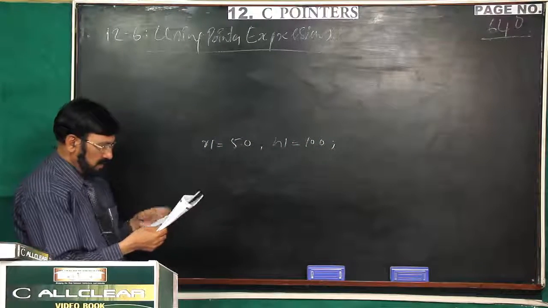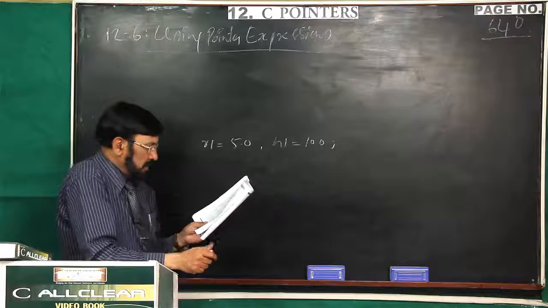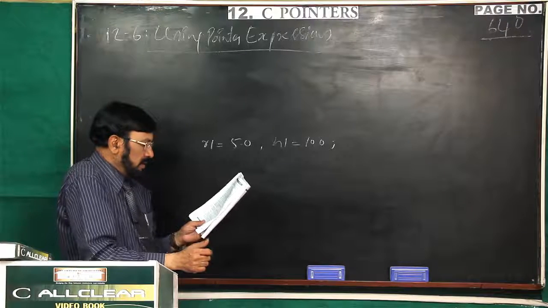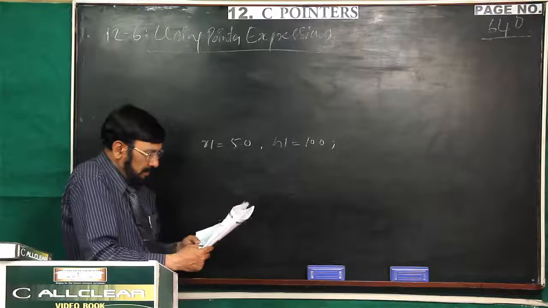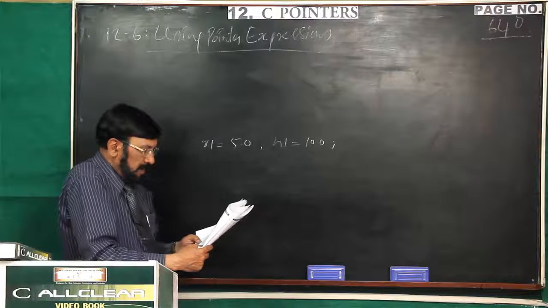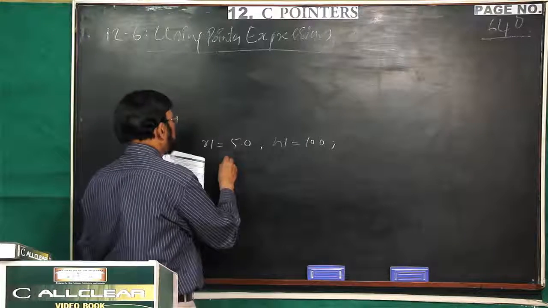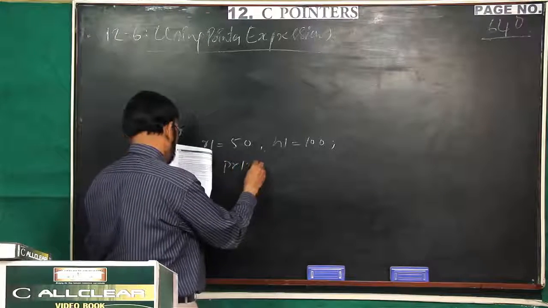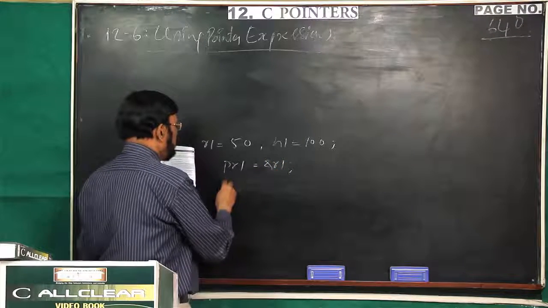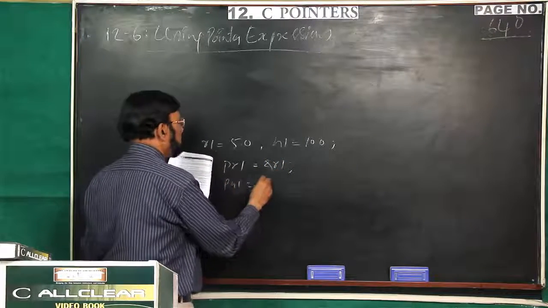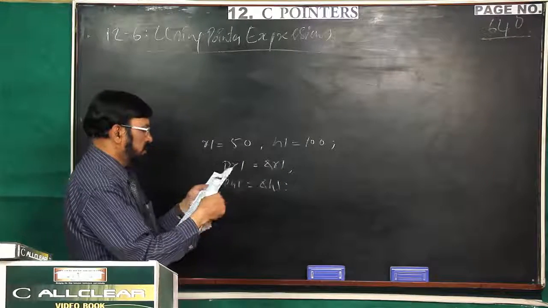Next, you have written all the corresponding code for creating pointers. You initialize the pointers. On the 19th line you see, PR1 is equal to &R1. In the same way, PH1 is equal to &H1. So initialization of the pointers is also over.